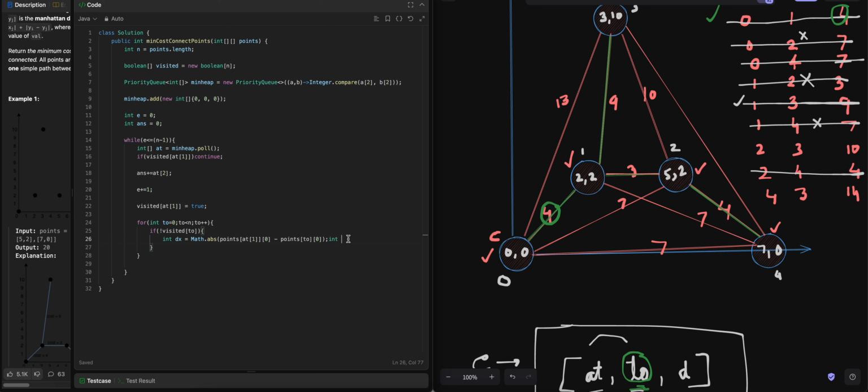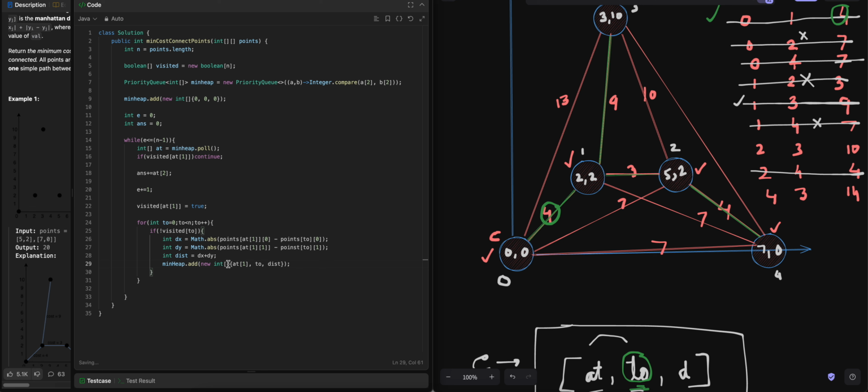Okay, and then for y we will do the similar thing, Math.abs of points at 1 1 minus points 2 of 1. Now we have to calculate the distance. It would be the sum of dx plus dy, Manhattan distance, and then we just have to add it to the heap as a new edge that we have found out, and it would be from add to 1, 2 and distance.